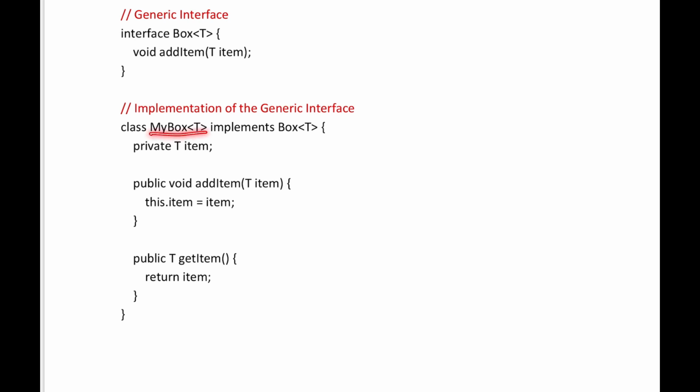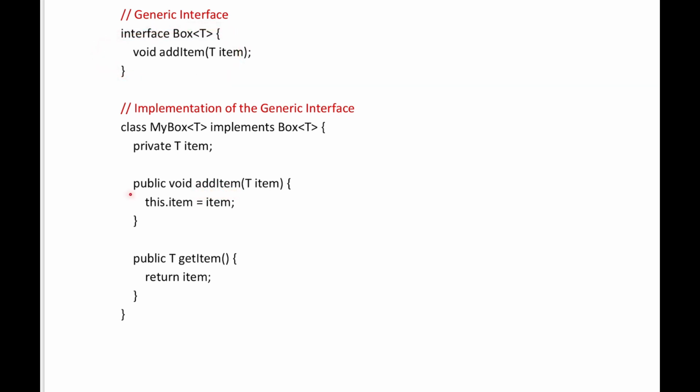So here MyBox is also a generic class because it implements the generic interface Box, and in this way we are writing the MyBox class. Now here we have one variable that is of type T, and we are defining the addItem method that is given in the interface.